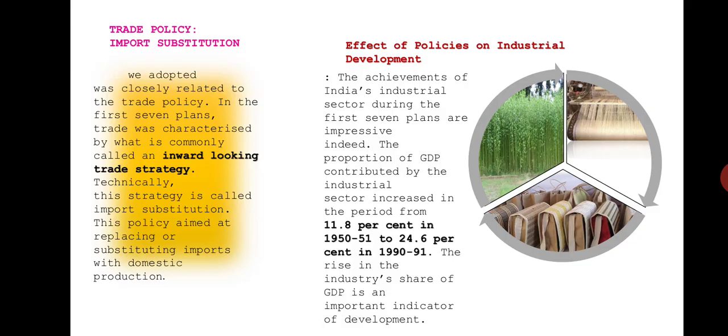The basic aim of this policy was to protect domestic industry from foreign competition, and instead of importing goods from foreign countries, domestic industry would be encouraged to produce them in India.